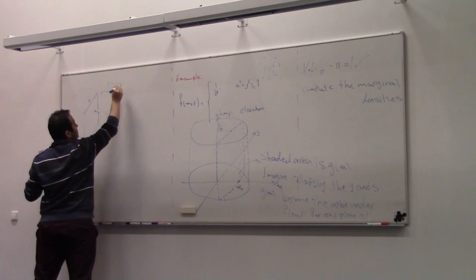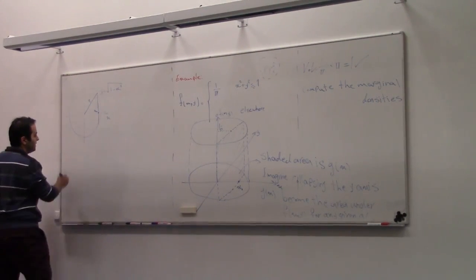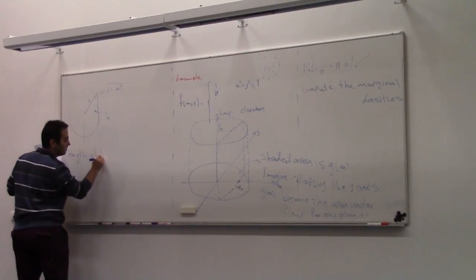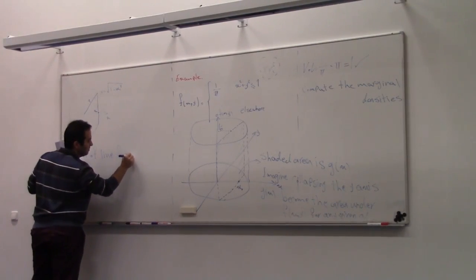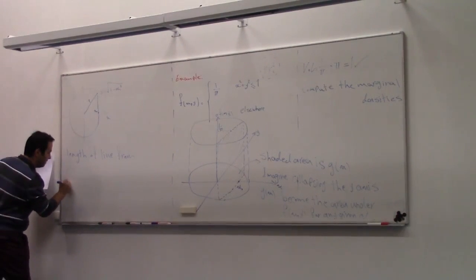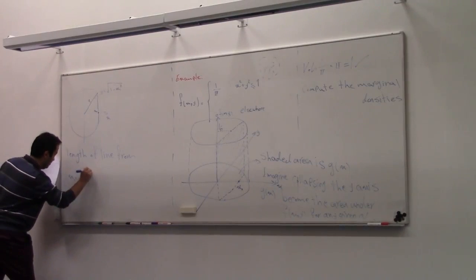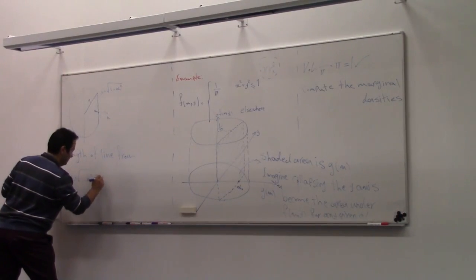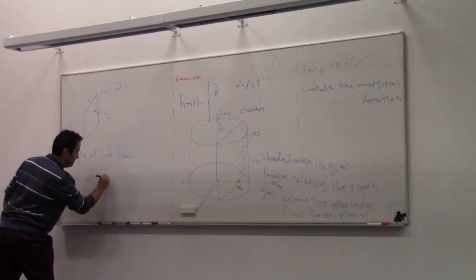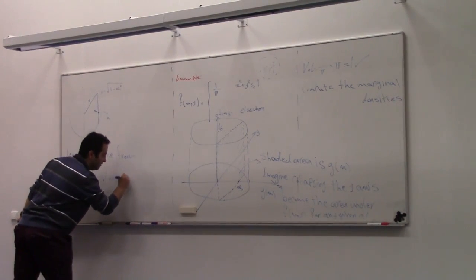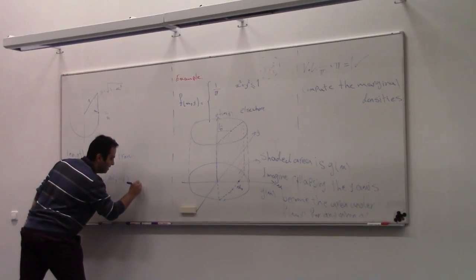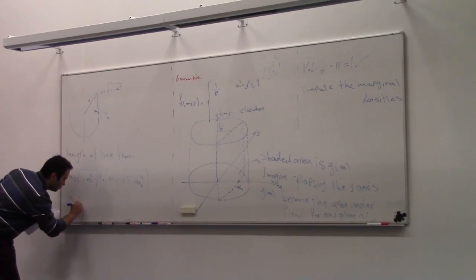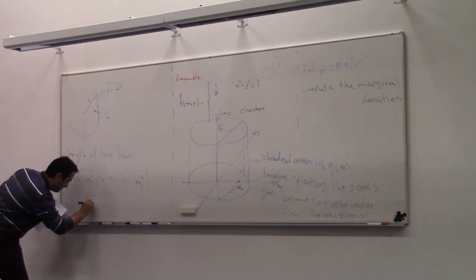x is x0. Okay, for the length of the line from x0, the length is 2 times the square root of 1 minus x0 squared, that is 2 square root of 1 minus x squared.